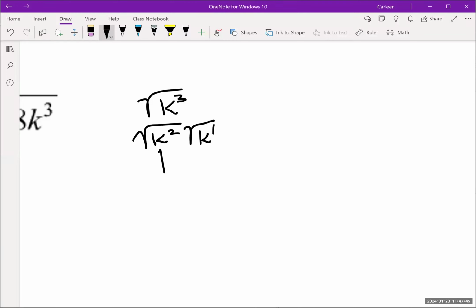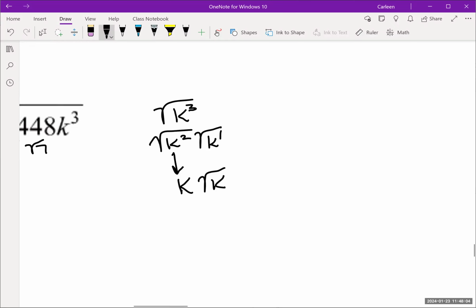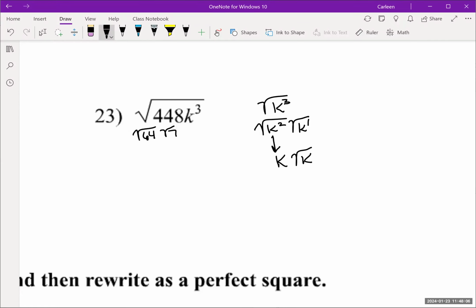The square root of k squared comes out as k by itself. Yeah, but then the leftovers go in. So what's the square root of 64? 8. So we have 8k on the outside.